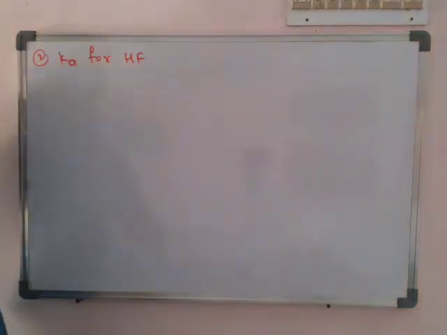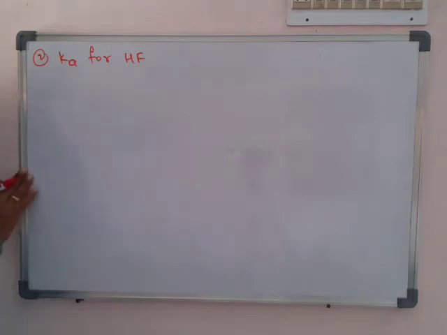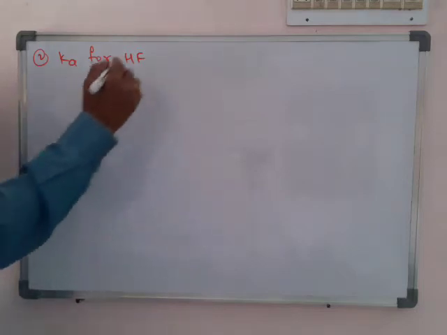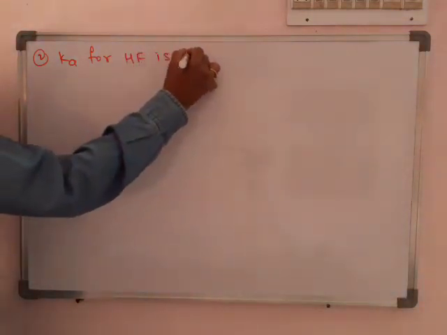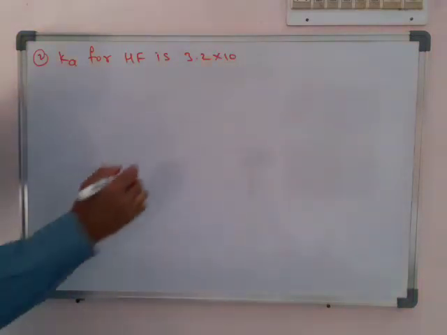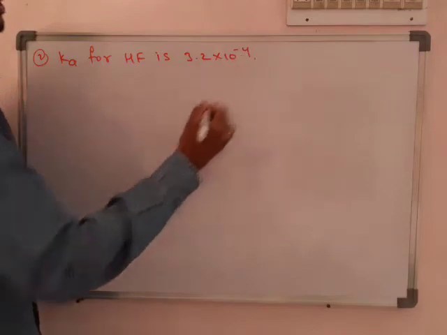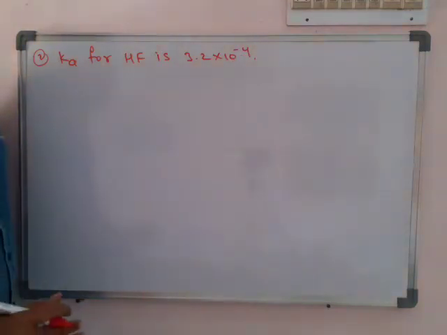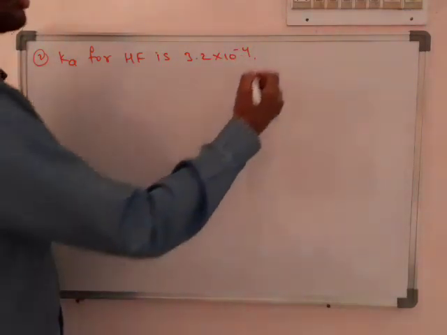We know that HF is a weak acid. Okay. So Ka for HF is given as 3.2 into 10 to the power of minus 4.